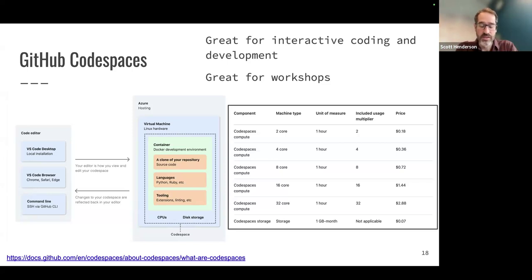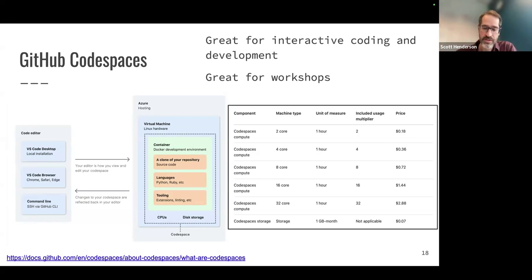So for any code repository you have, there's a little toggle on GitHub's interface to launch a codespace, and it spins up a machine on Azure, copies your repository over, and opens a connection to VS Code. So you can use SSH to run everything on that machine.